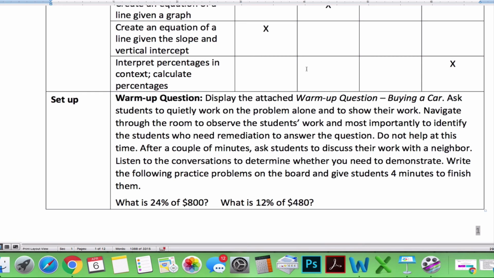So we wrote one problem on the board, maybe put them in groups, waiting for students to teach each other, and if that didn't happen, the teacher would demonstrate some others. That's how we handled the prerequisite skills for this part.